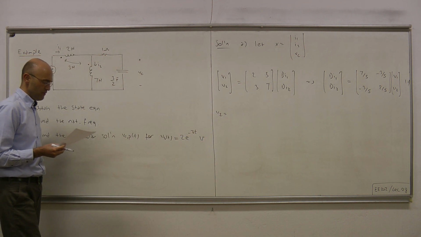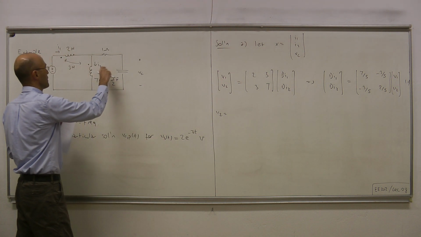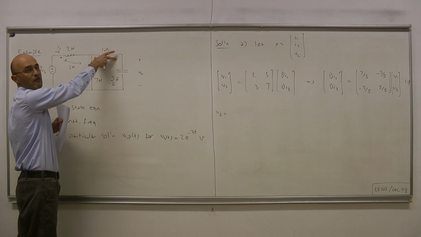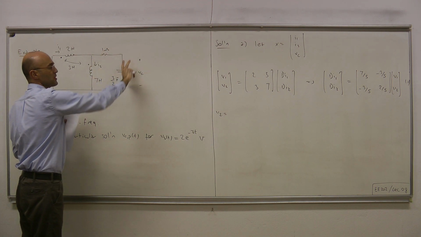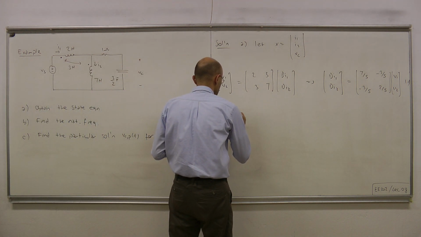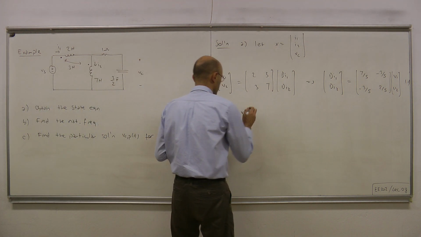If you look at the circuit, V2 is the resistor voltage plus the capacitor voltage Vc. So V2 is VR plus Vc.